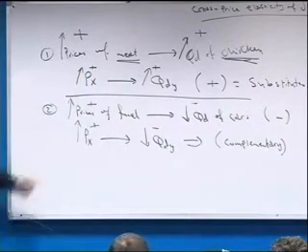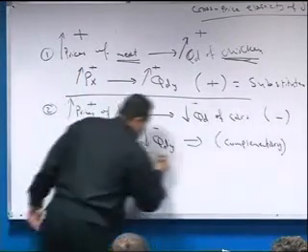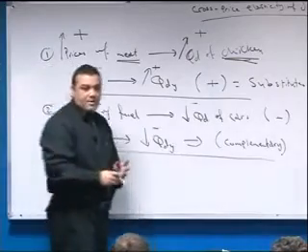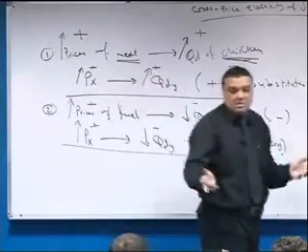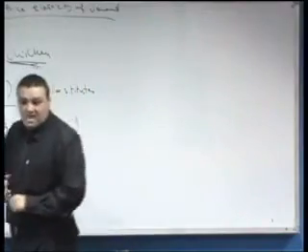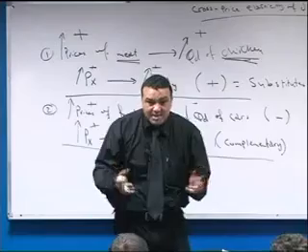The last example. If the prices of X increased, for example the prices of salt increased, the quantity demanded for cars would not change. So in this case, it would be independent.